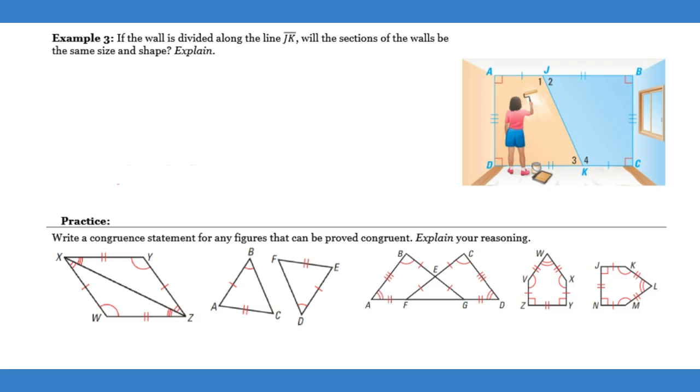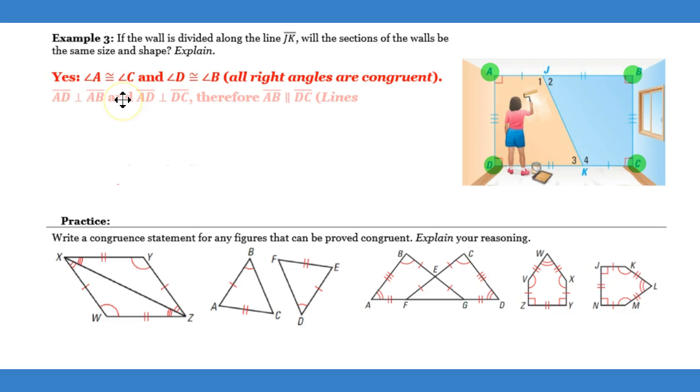All right, in example 3, if our wall is divided along JK, will the sections of the wall be the same size and shape? Our answer is yes, but then it says explain. Angle A, angle C, angle D, and angle B are all congruent because right angles are congruent.